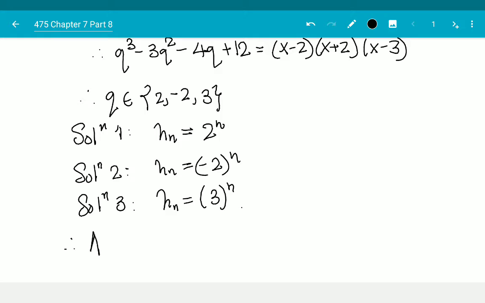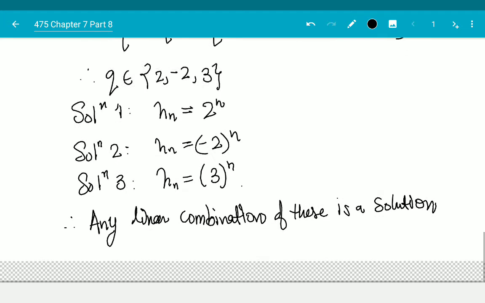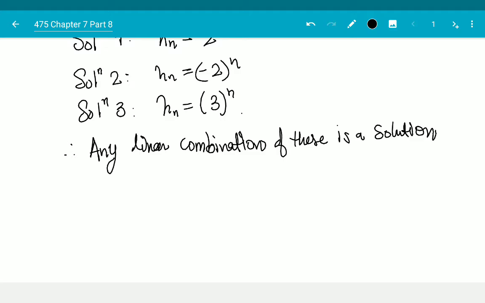Therefore any linear combination of these is a solution, right? And so my general solution h of n is going to look like a times 2 to the n plus b times (-2) to the n plus c times 3 to the n.